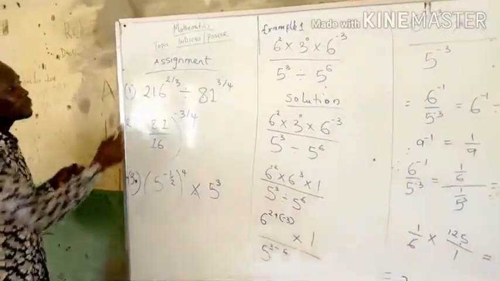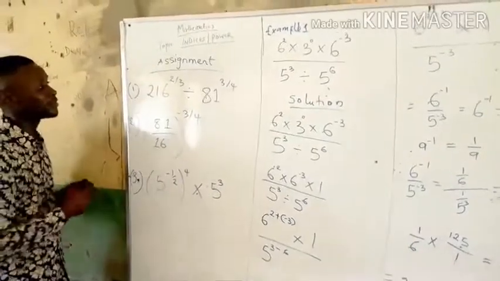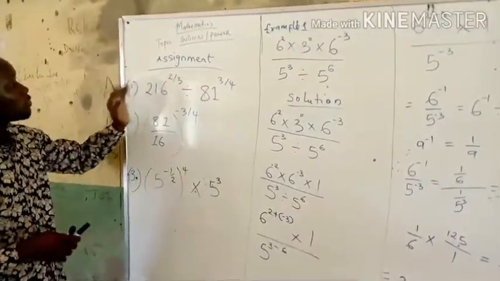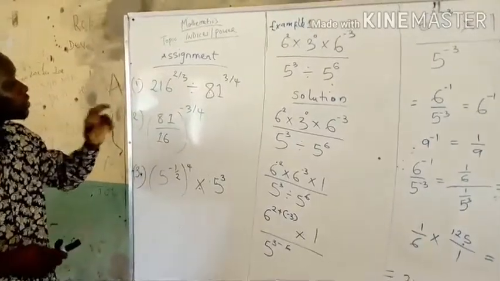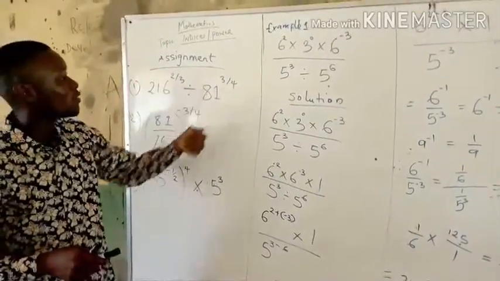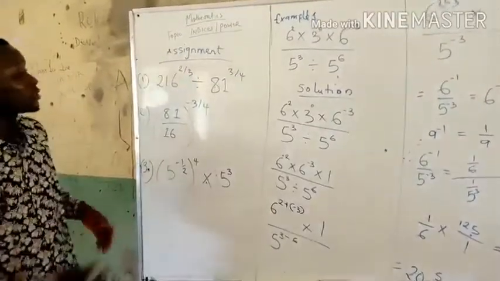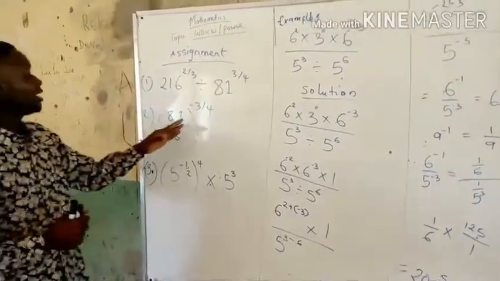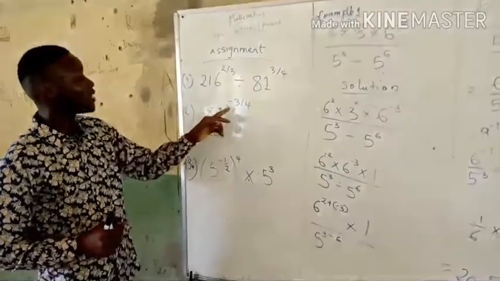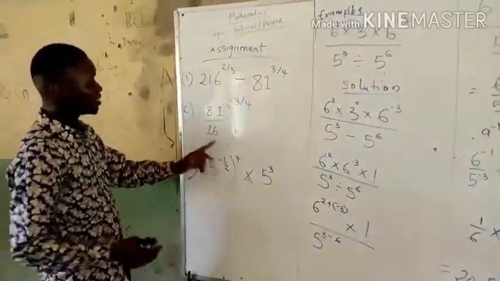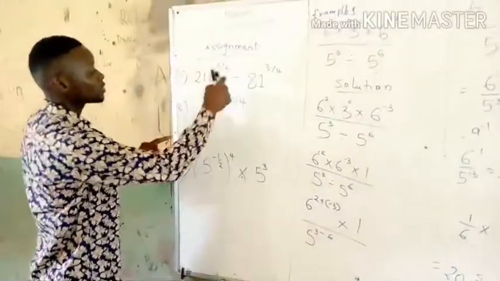So now we'll leave you with this assignment to practice. The first one is 216 raised to the power 2 over 3 divided by 81 raised to the power 3 over 4. It's very simple. Then we have 81 raised to the power minus 3 over 4, 81 over 16 all raised to the power minus 3 over 4.